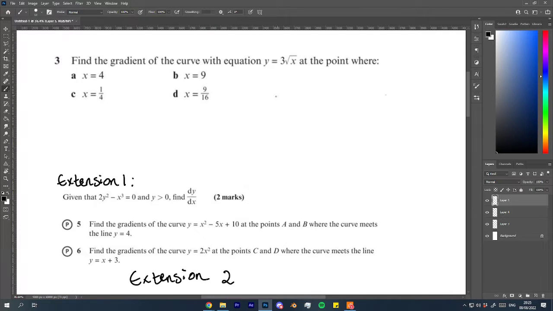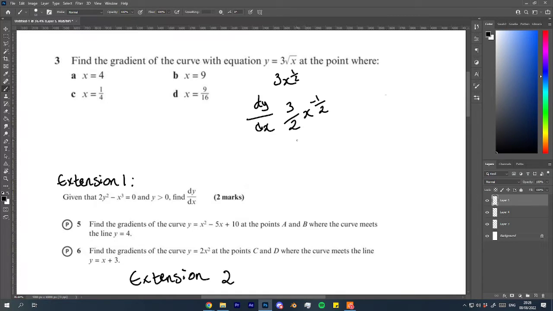Okay, I'll go through the first one real quick. I'm going to change this to 3x to the 1/2 using our index laws. Okay, dy by dx becomes 3 times 1/2, which is 3/2, x to the 1/2 minus 1, and 1/2 minus 1 is minus 1/2.